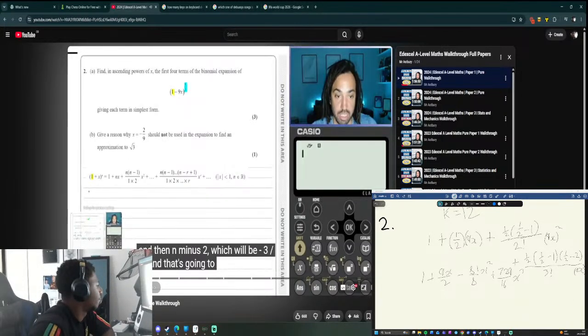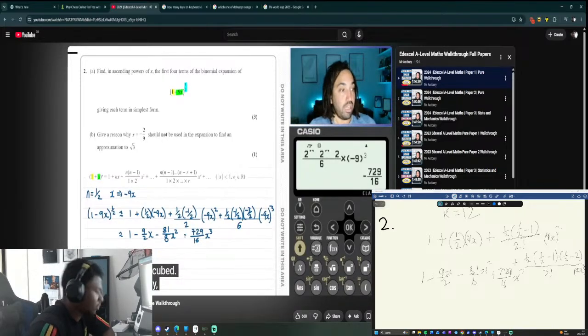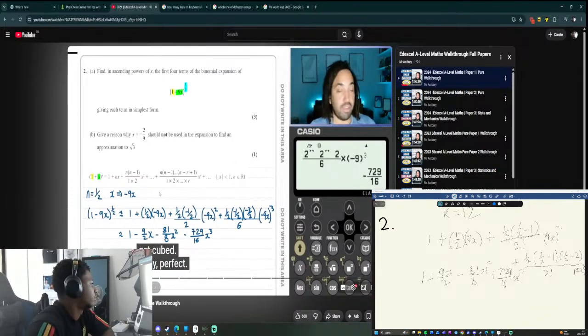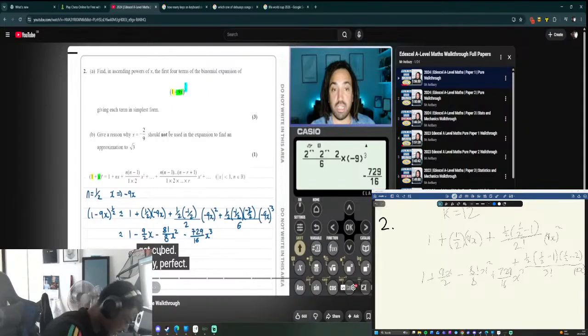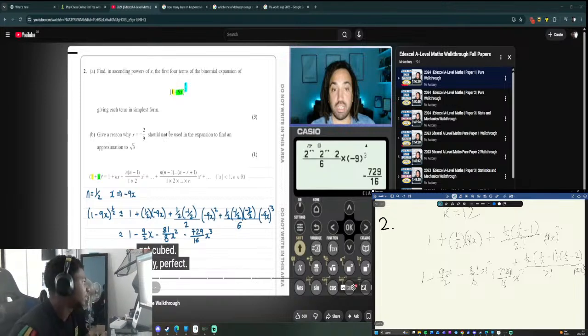Right, did we get this part right? And so there's going to be a minus. Okay. I did not. Perfect. Okay. I made this mistake last time. So it was never 9x, it was minus 9x. It's always been minus 9x.